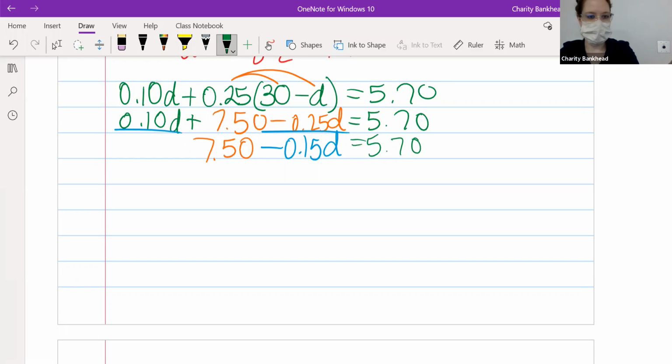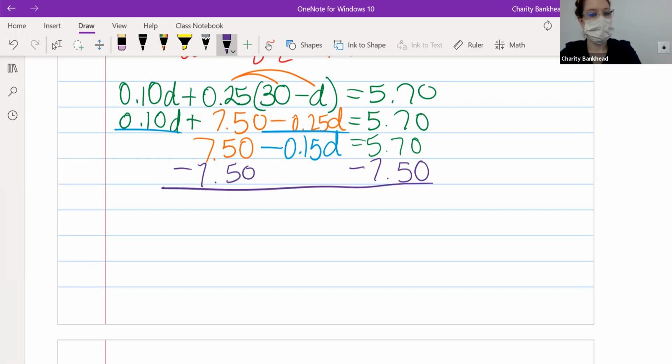And then I'll subtract 7.50 from both sides. So negative 0.15D equals negative 1.80.